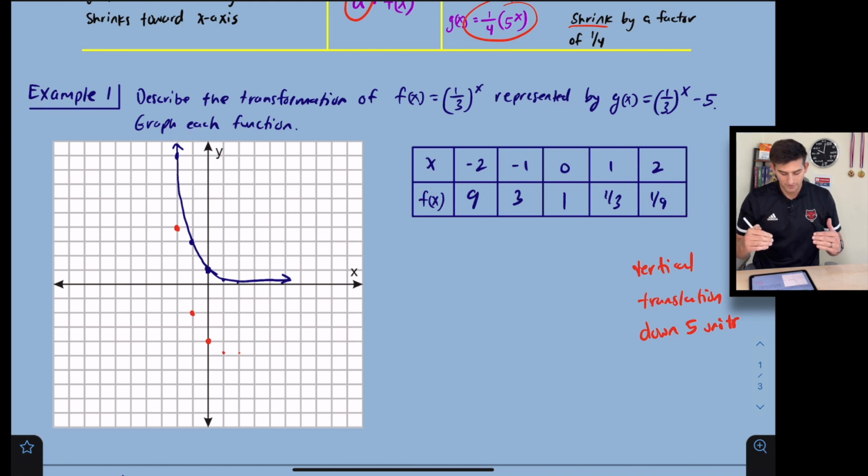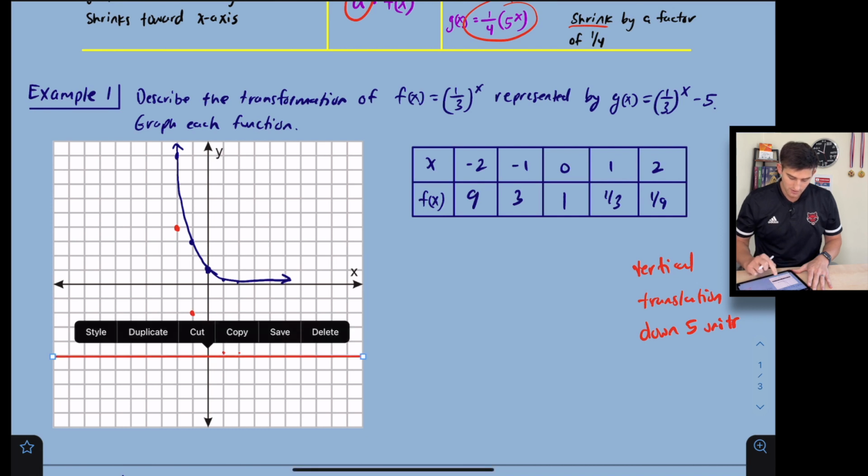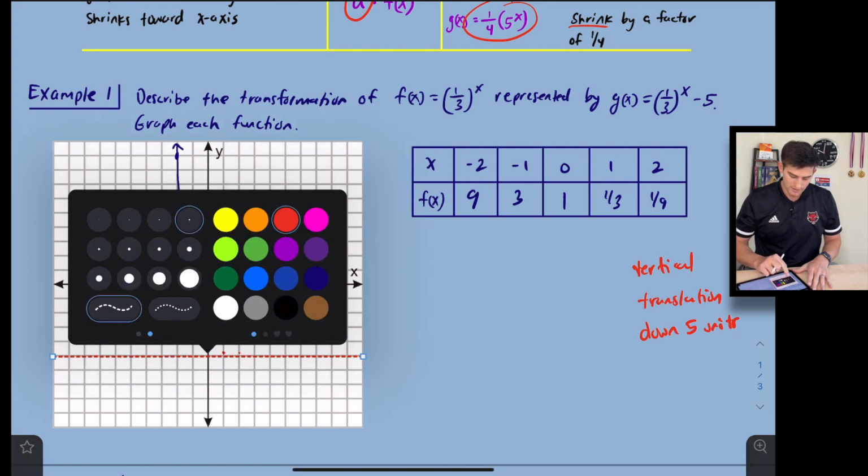Okay. Now, before I draw my graph, notice also what has happened. My original graph that I did, f of x equals 1/3 to the x, the asymptote was the x-axis. Well, now we're translating down 5, so we're essentially moving this asymptote down 5 as well. So 1, 2, 3, 4, and 5. So now I have a horizontal asymptote right here. So I'll go ahead and draw that in just so we can visualize that.